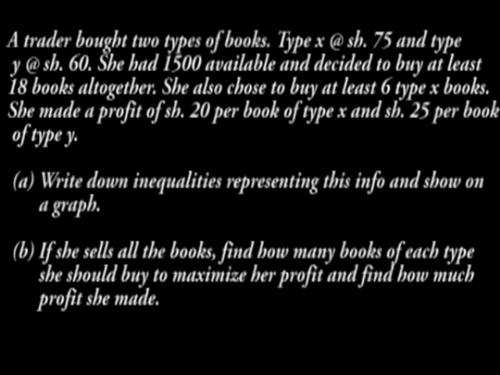He made a profit of 20 shillings per book of type X and 25 shillings per book of type Y. A. Write down inequalities to represent this information and show it on a graph. B. If he sells all the books, find how many books of each type he should buy to maximize his profit and find how much the profit would be.